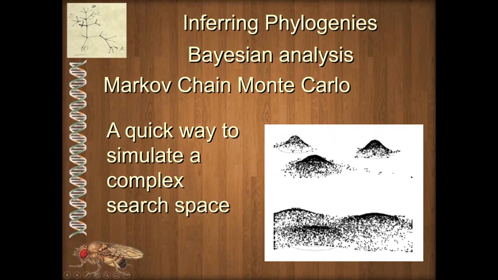And we're using this three-dimensional search topology as an analogy. But in reality, remember that phylogenetic search space is a multi-dimensional space, and a very, very large one that we might need to spend some time and effort sampling.